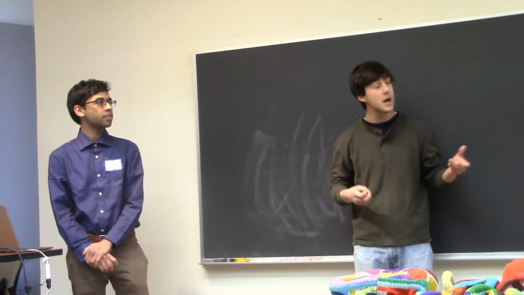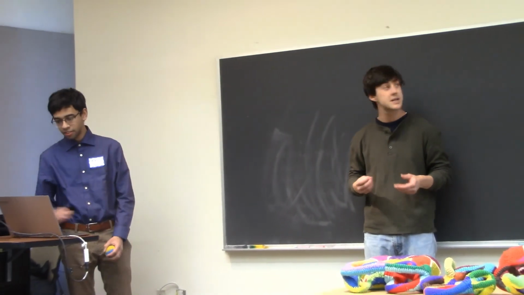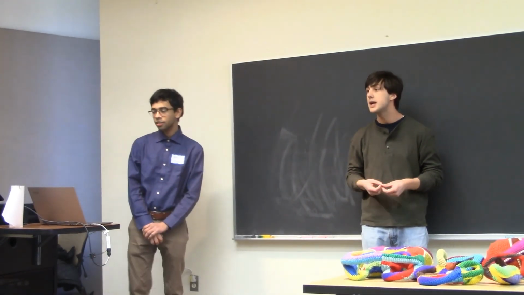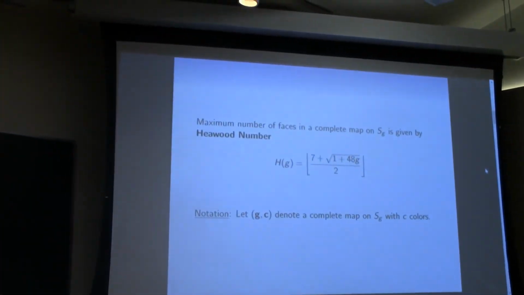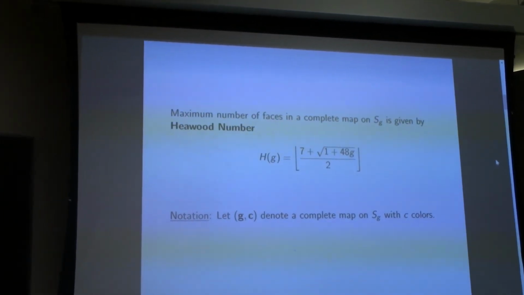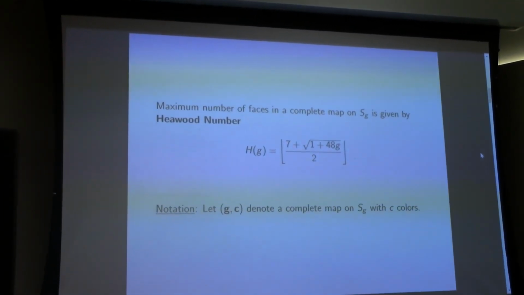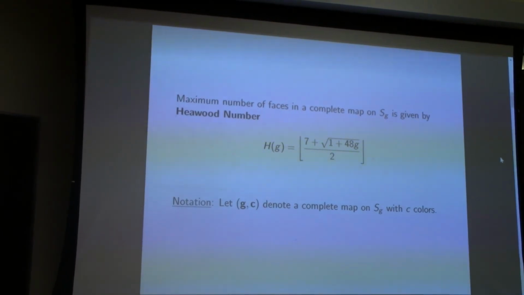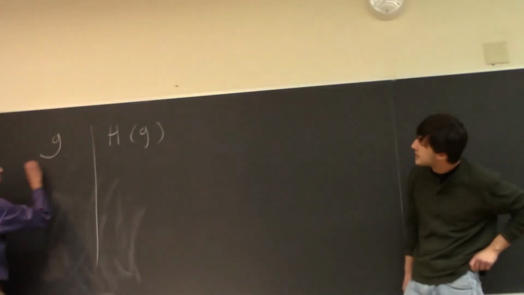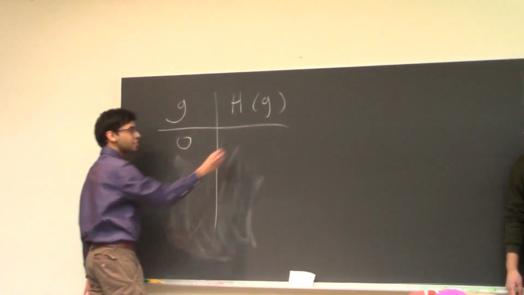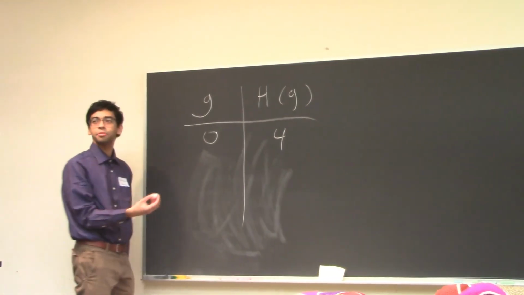And the number of faces in a maximally complete map on a surface of genus G is given by the Heawood number. And it appears here. So I can give you some calculations. So if you have genus here and the Heawood number of the genus here, then for genus 0, you have 4 faces on a maximally complete map.